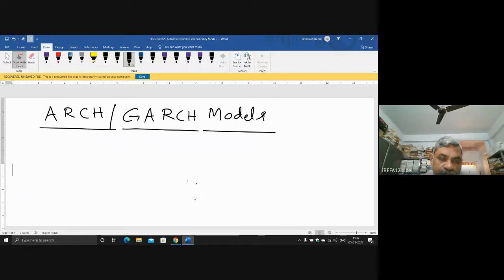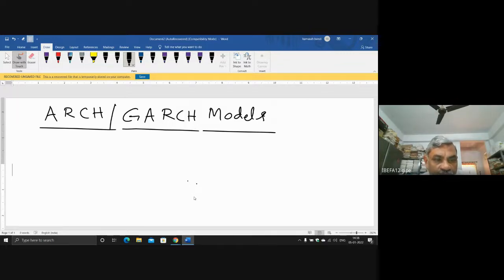The other approach, which we started discussing yesterday, was the conditional volatility. That is where the ARCH-GARCH type of models are located, which we will be discussing now in greater detail. The next approach is the stochastic volatility. It is just an extension of the conditional mean approach in the sense that you introduce an additional stochastic term into the model.